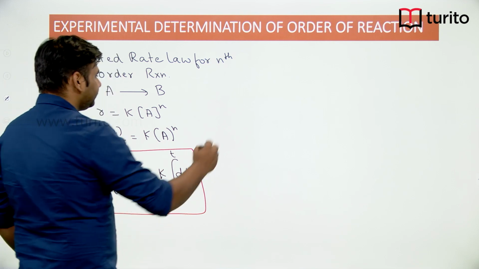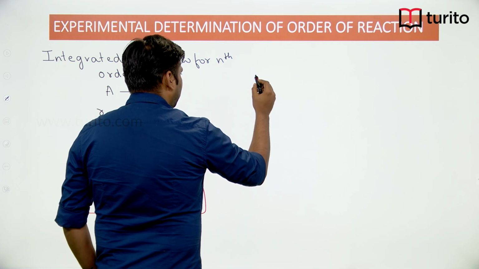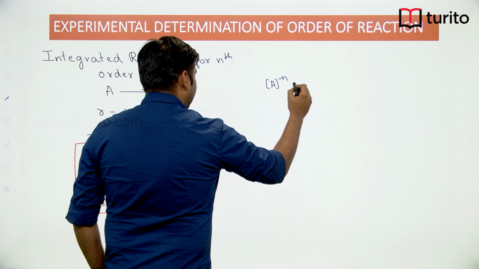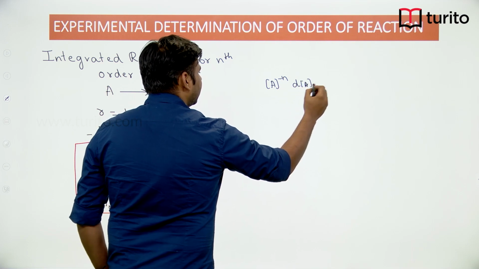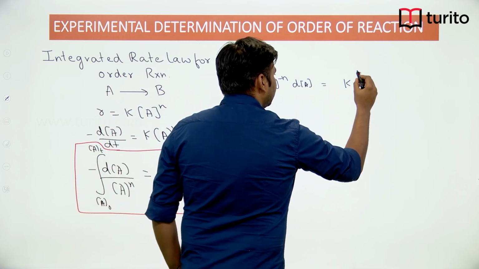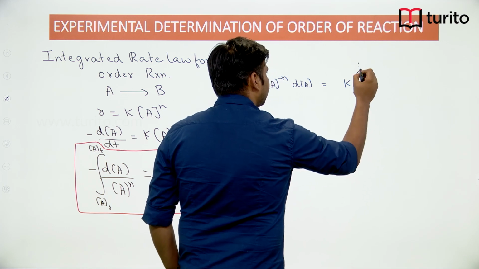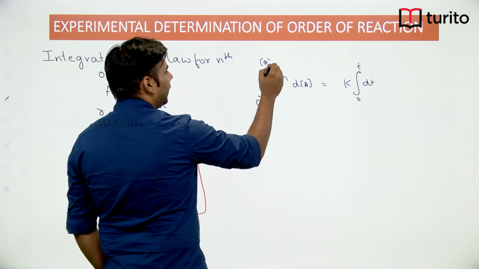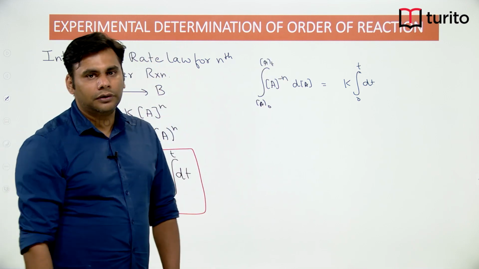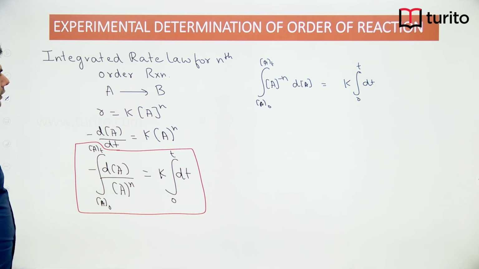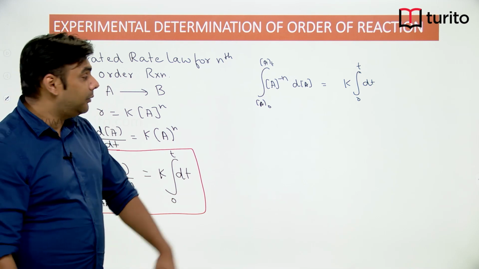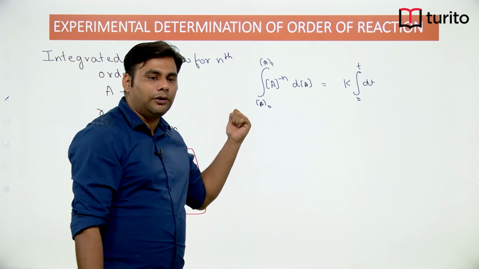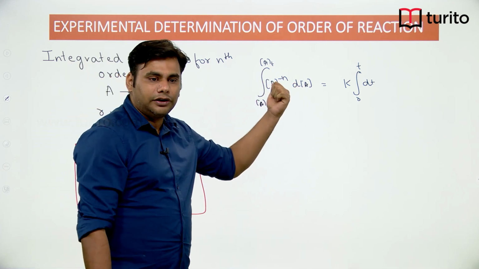If you integrate this, I will write it as A raised to power minus n dA, equal to k into dt, from 0 to t, and from A naught to At. I hope how we are placing the limits is easy to understand. At time t equals 0, initially only A was present, so its concentration is A naught. After some time t, the concentration of A is At.